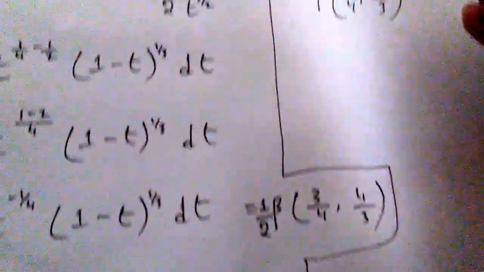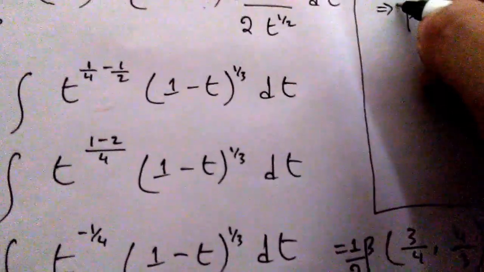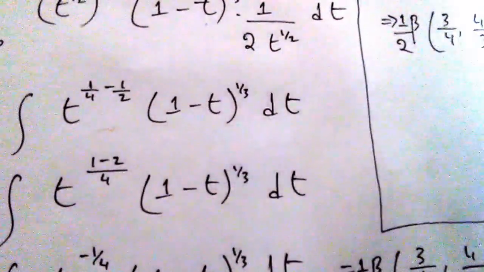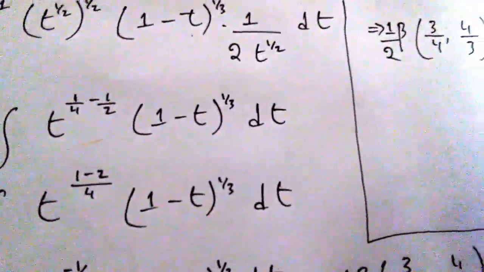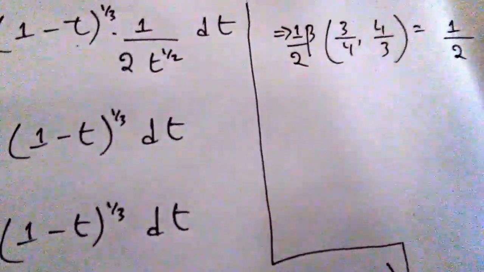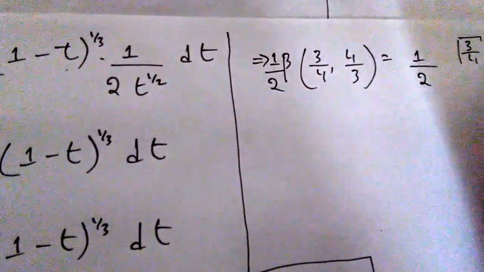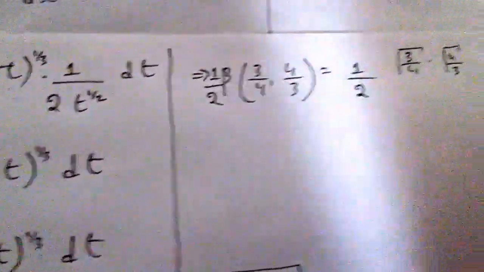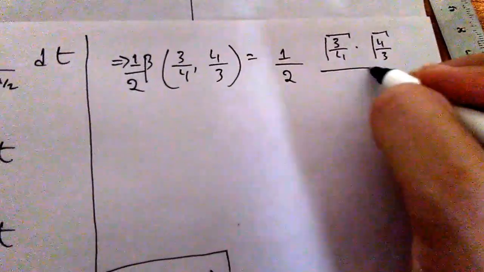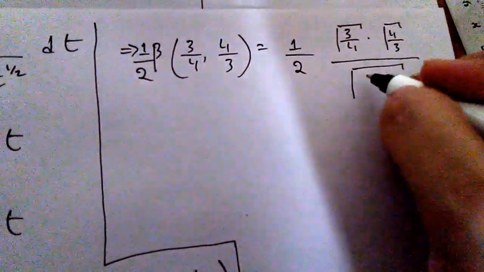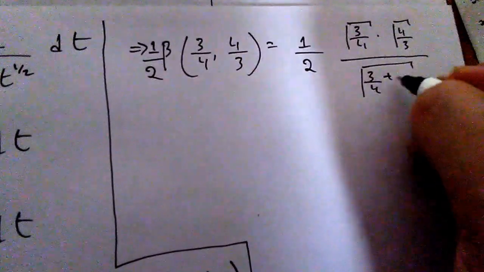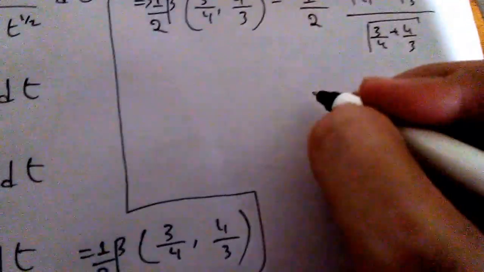So 1 upon 2 gamma function of L into gamma function of your M, upon gamma function of L plus M.